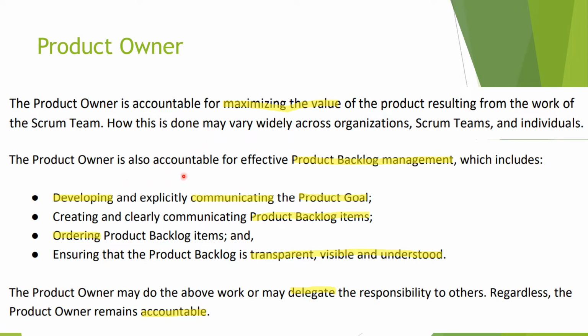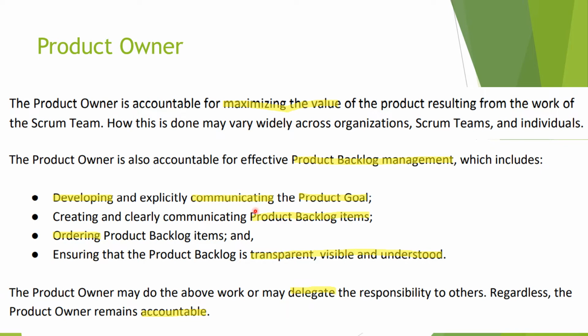The product owner is also accountable for effective product backlog management. The outcome is maximizing the value; what you have to do as part of the role is product backlog management. It's not about ordinary product backlog management, it's about managing it effectively. How do you effectively manage the product backlog?